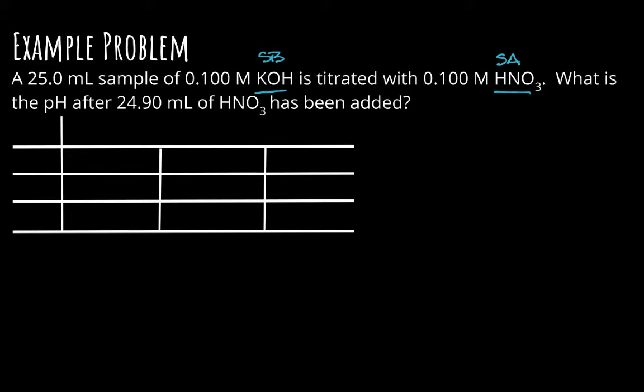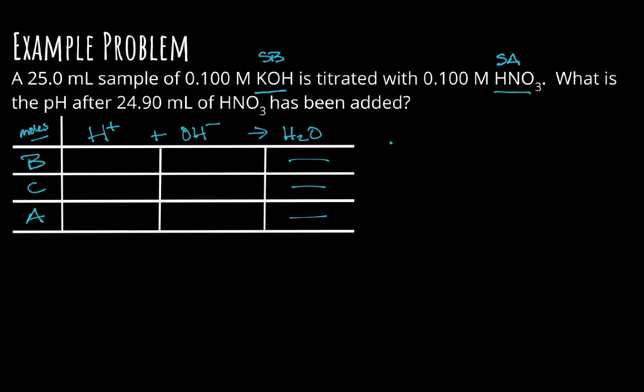So when I set up the BCA table, just like always, it has to be in moles. I'm going to use the H plus from the acid and the OH minus from the base, and that's going to produce water. The water is not going to affect the concentration, so I'm going to cross those out. Then I'm going to use the method I used before to figure out moles of each substance in that solution.